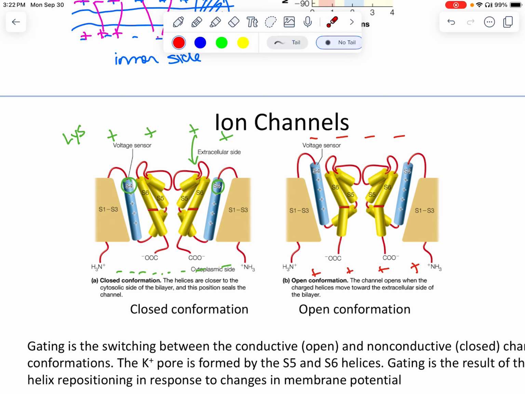Suddenly, these positively charged alpha helices are pulled up, and that opens up this channel so the potassiums can flow out, and they'll naturally flow up towards here. Over time, that'll disrupt this. You're adding more and more positive charge, and so then we'll close the gate again.